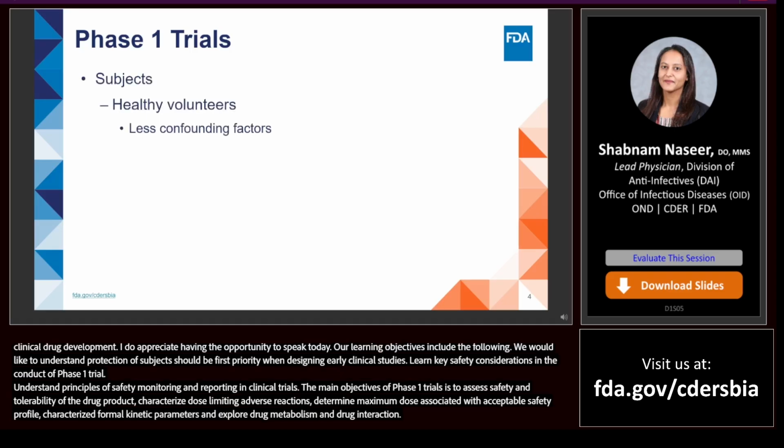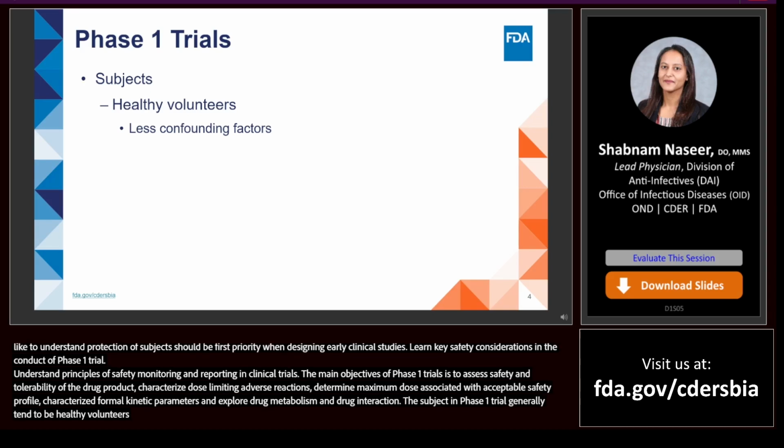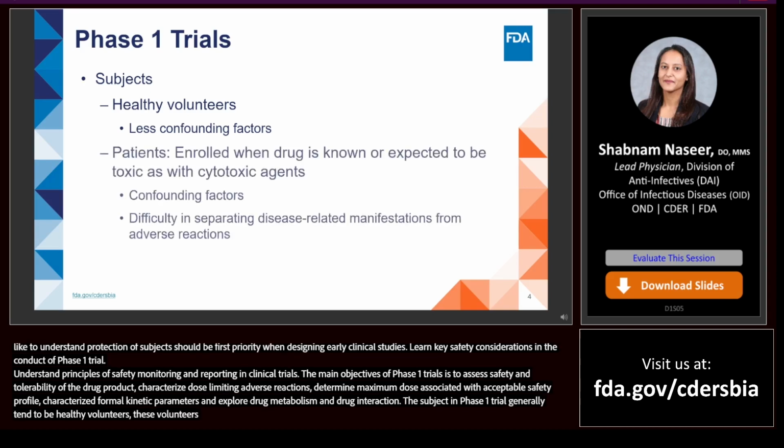The subjects in phase 1 trials generally tend to be healthy volunteers, and these volunteers have few confounding factors. In some instances, phase 1 trials are conducted in patients, and these are generally when the drug is known or expected to be toxic. An example would be a trial that's evaluating a cytotoxic agent.